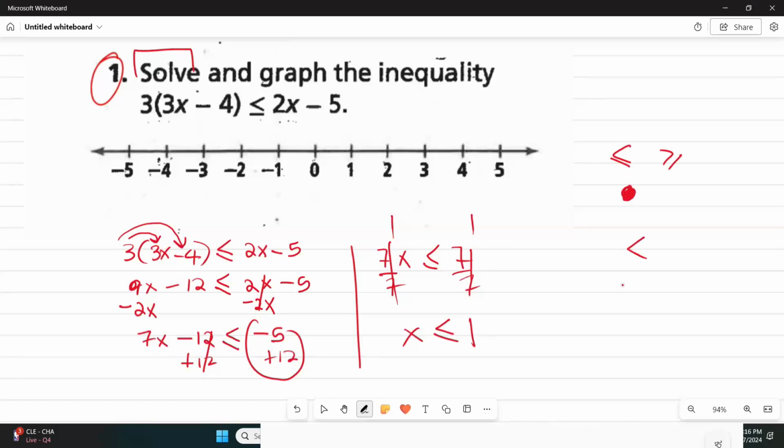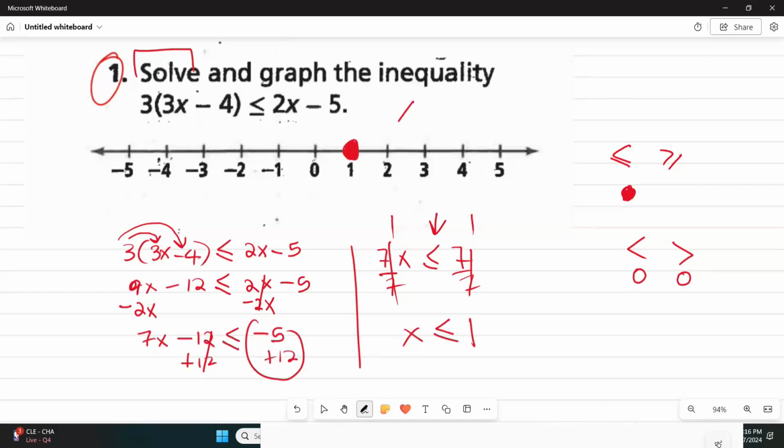But if I have no bar underneath, I'll use an unshaded circle. In this case, you do notice that there's a bar underneath my inequality, so I'm going to go where number 1 is and have a closed circle here. I'm going to shade at number 1. What this really means is that number 1 is a part of the solution.